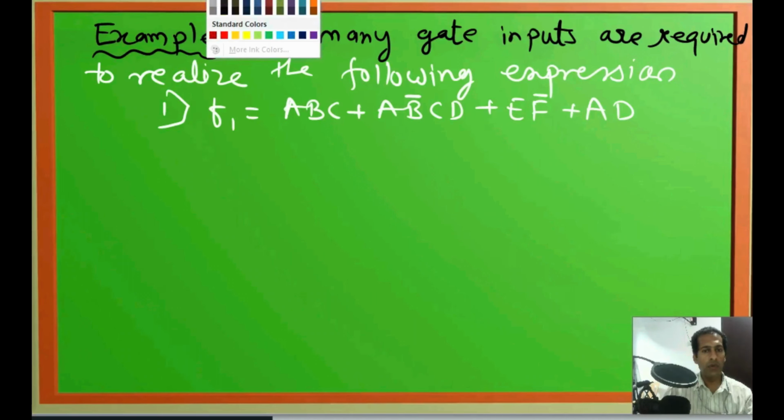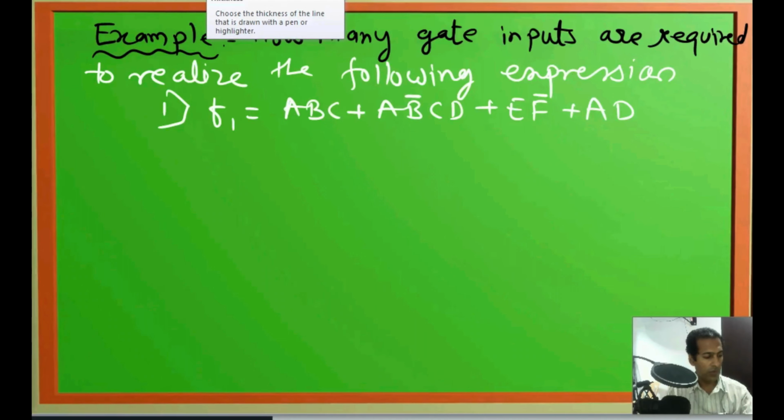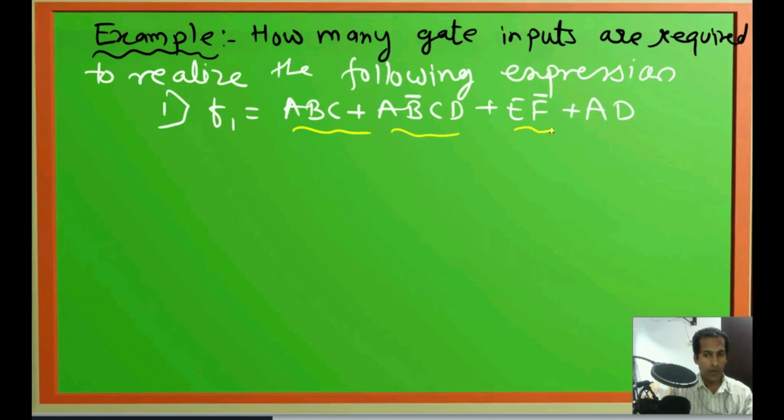Here we will write down the expression and first count the number of AND gates. So this is our expression. First we will count the AND inputs.